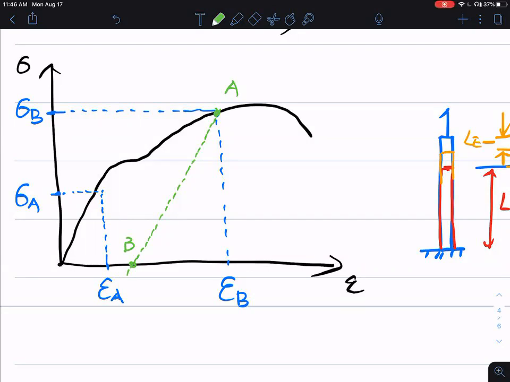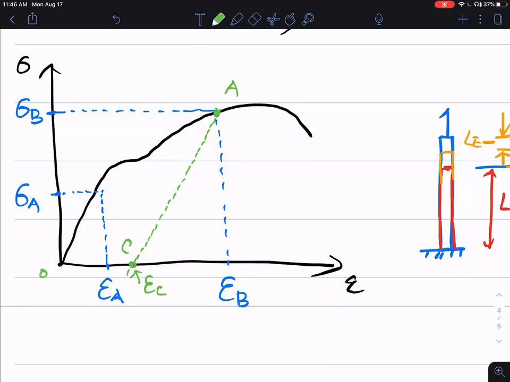I want to read off the value at point B. Oops. Let's not call it B since we already used letter B. Let's use letter C instead. Let's call that point C. And the corresponding sigma is sigma C. Right there.